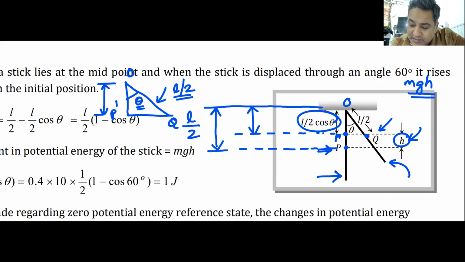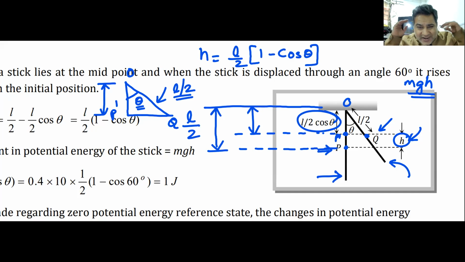So your h becomes L by 2 minus L by 2 cos theta. So I can write it as L by 2 into 1 minus cos theta. So my final answer is mgL by 2 into 1 minus cos theta.